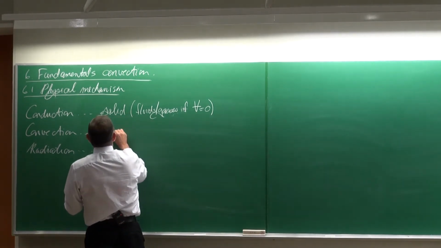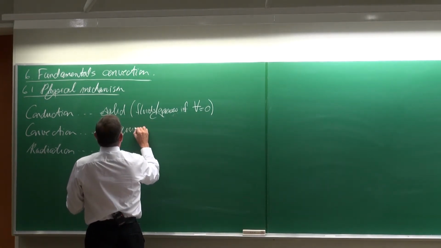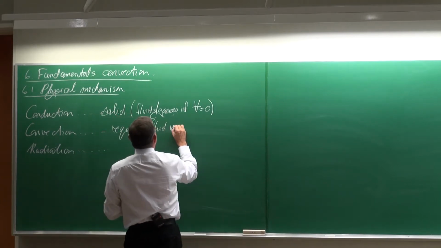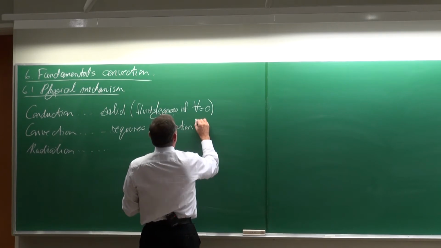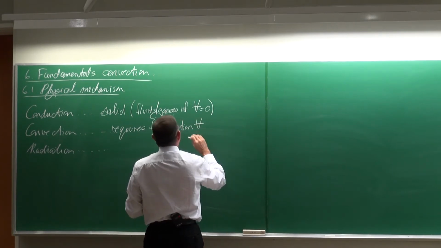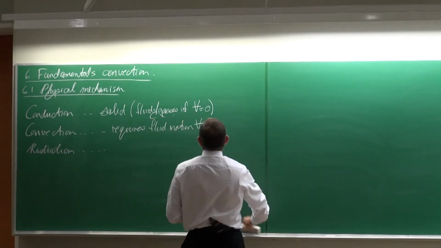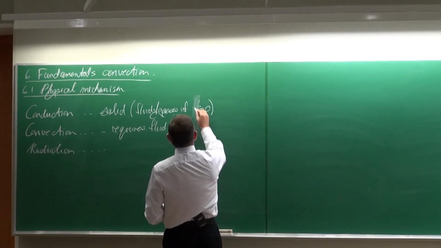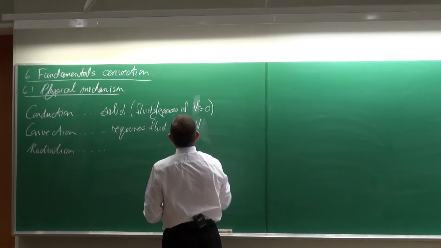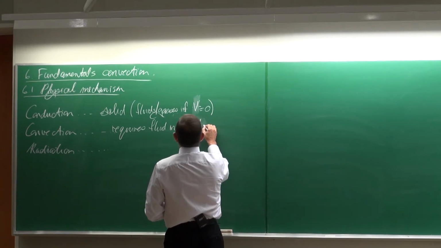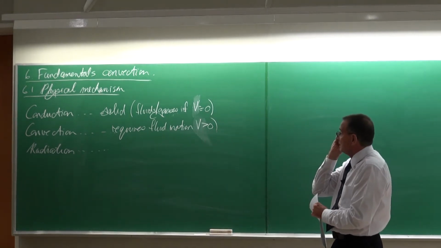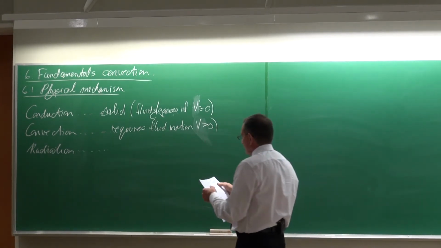Convection requires fluid motion. Thus, the velocity, I shouldn't have used that symbol, sorry, because we've used that V for volume. So it should just be a normal V. If that is larger than 0, then we will have convection heat transfer.